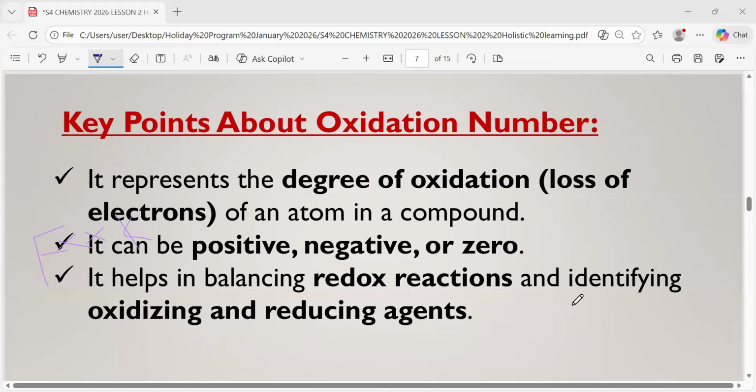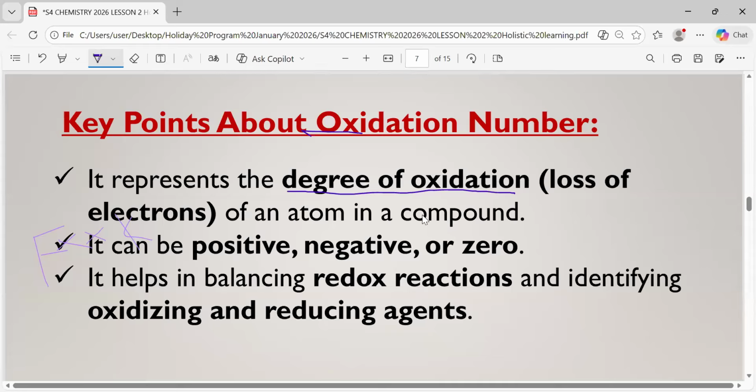One, it represents the degree of oxidation, in brackets, loss of electrons of an atom in a compound. First pause there. If we get to know the oxidation number, it helps us to know the degree of oxidation, that is the loss of electrons of an atom in a compound. So when you find that the oxidation number of an element is 4, while another one is 2, it means the one with 4 has lost more electrons compared to the one with 2.